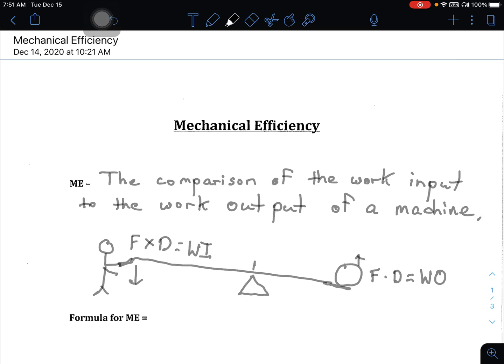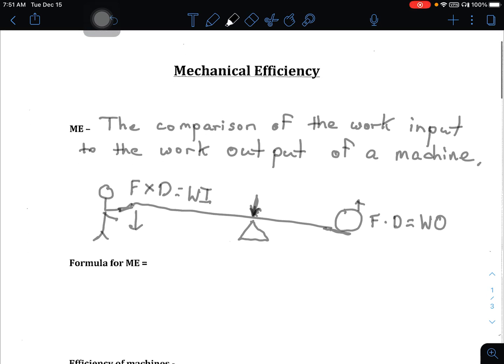So this lever, rubbing on the fulcrum in this area right here is going to reduce some of the work input. And so the work output always has to be less than the work input. You never do less work by using a machine. You always actually do more. However, since the work is made easier, machines are useful.